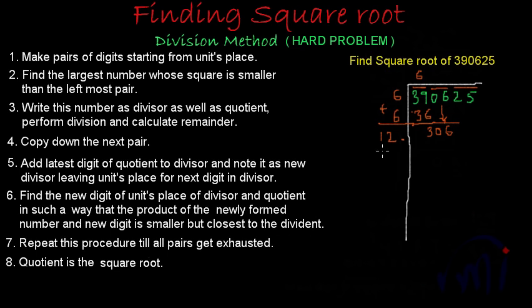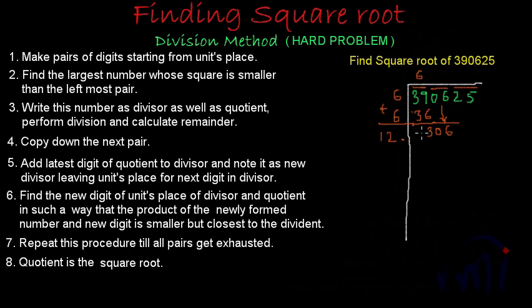So I have to find this number as big as possible in such a way that the product of the number formed by writing that digit over here, with that digit itself, is smaller but closest to this number. So this digit can be 1. Then this new divisor will become 121.